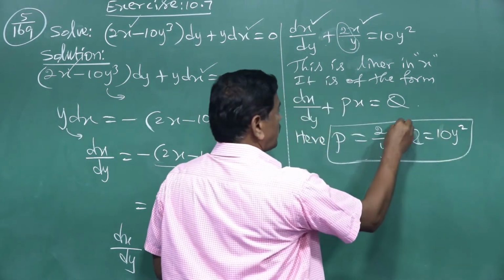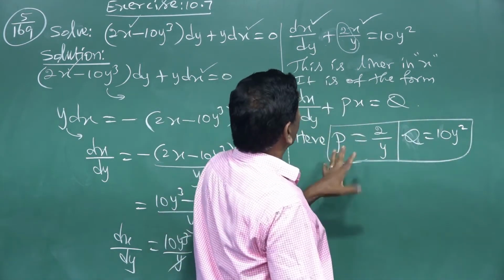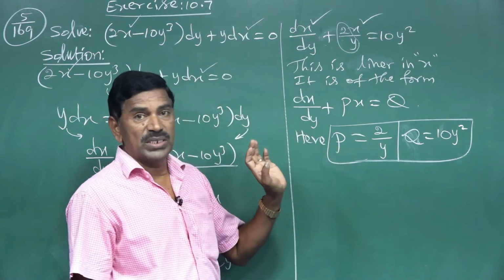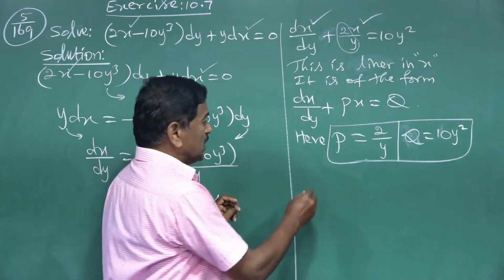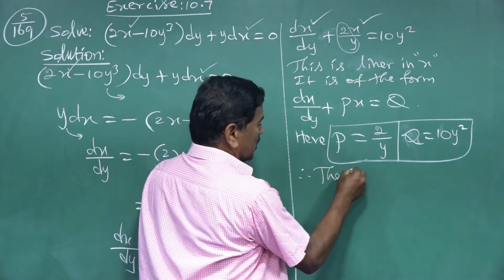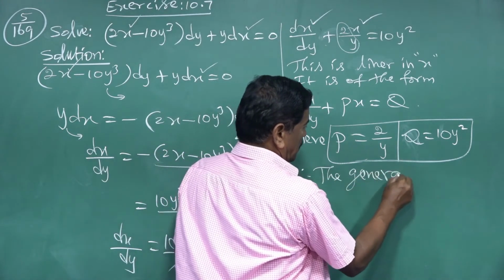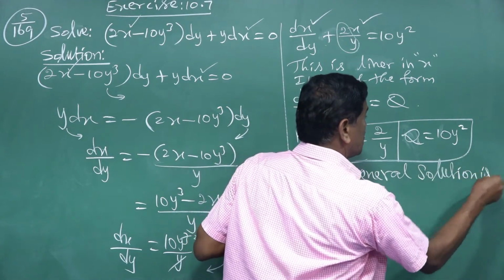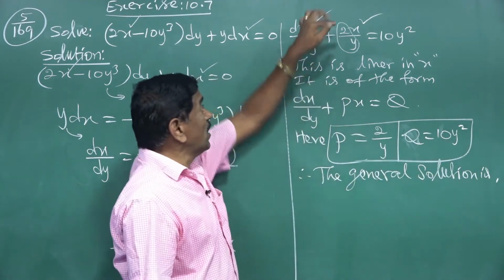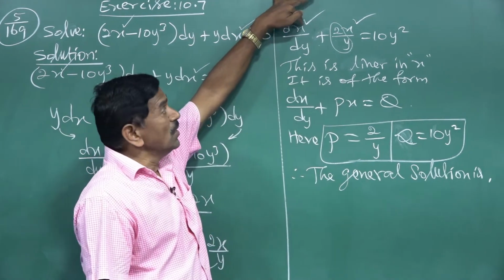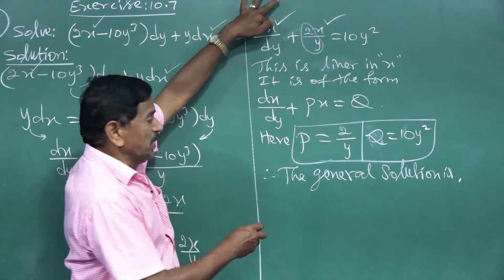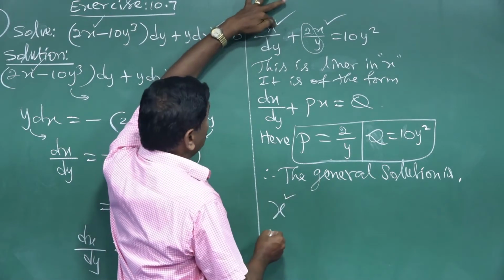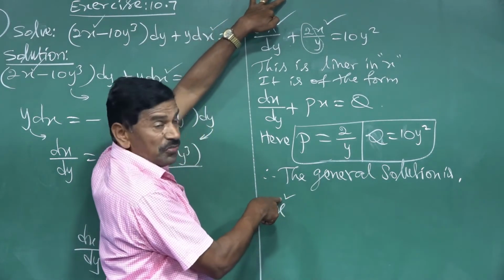So P and Q are ready. Therefore the general solution is given by, with the differential of x, starting with x.